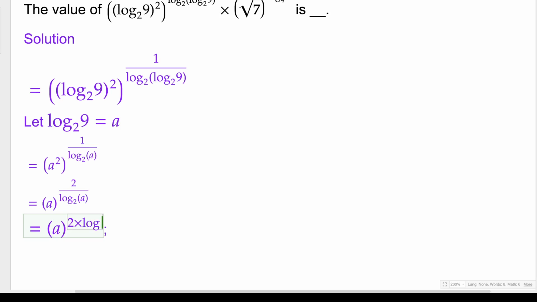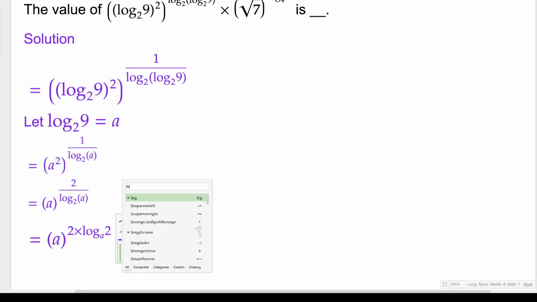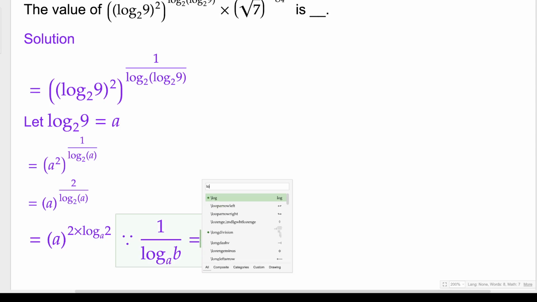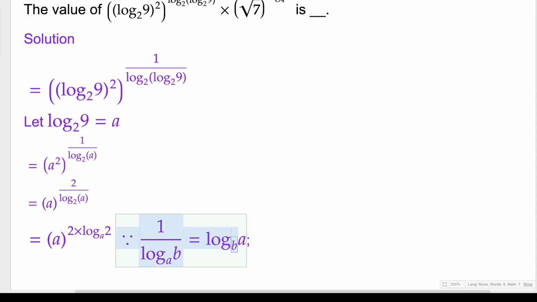Here we are using this property: if I have 1 over log b base a, the argument and base can be exchanged. So log of a base b, this particular property is employed here, so 1 over log of a base 2 is converted into this.